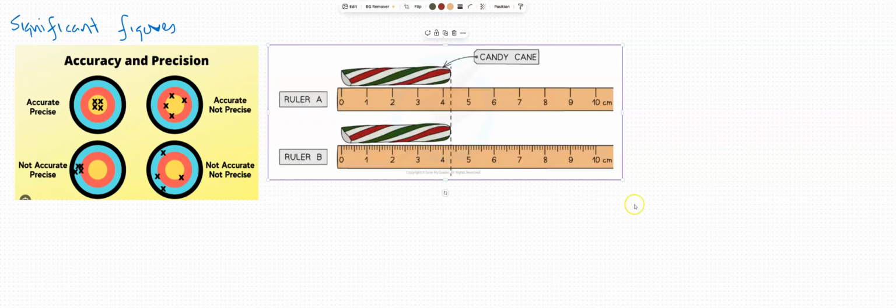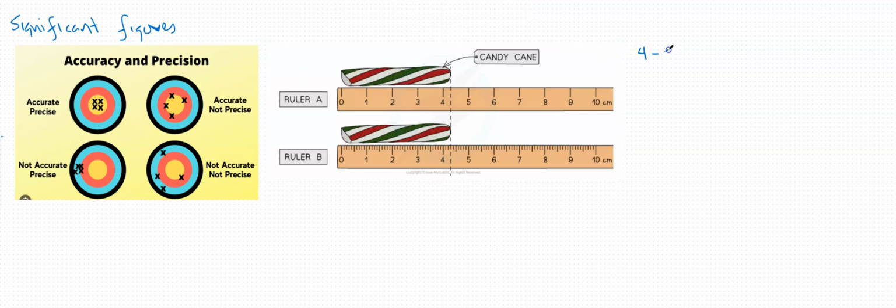If we look at these two rulers, we're measuring the same candy, but ruler B is more precise. With the first one, you will say, well, the candy measures between 4 and 5, but you really don't know more. All you can say is that it is between 4 and 5 centimeters.